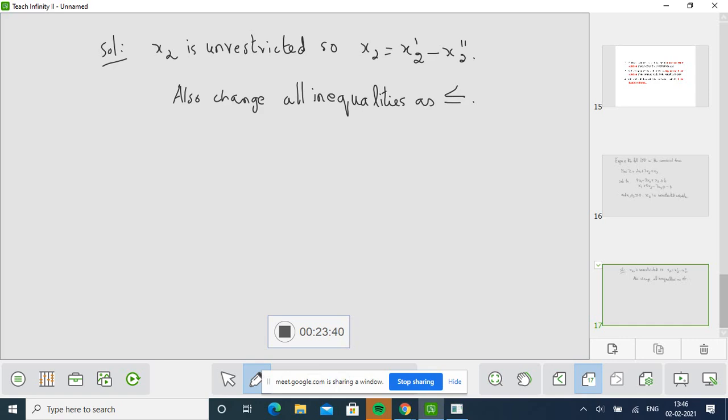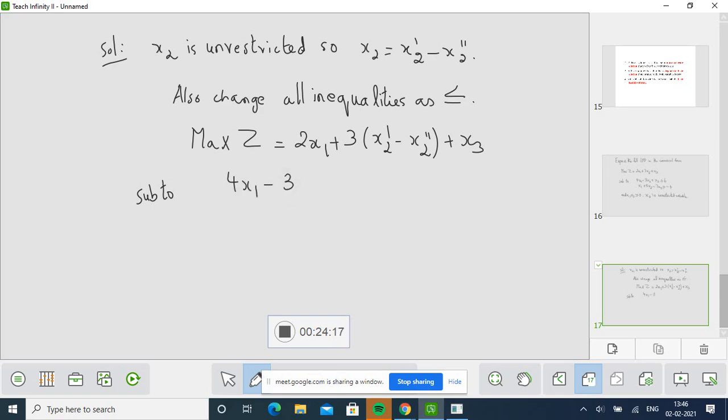Our function is maximize z equal to 2x1 plus 3 times x2, which now becomes x2 prime minus x2 double prime, plus x3. Then I have my constraints, subject to. What is the first constraint we are having?